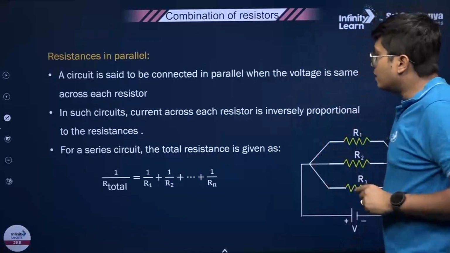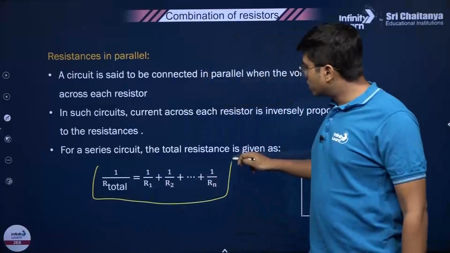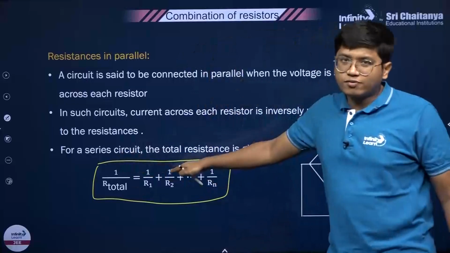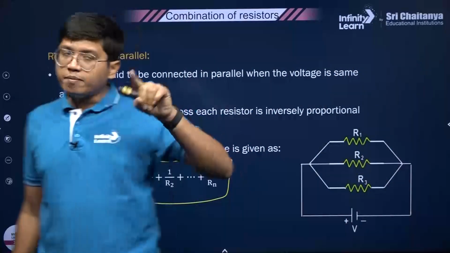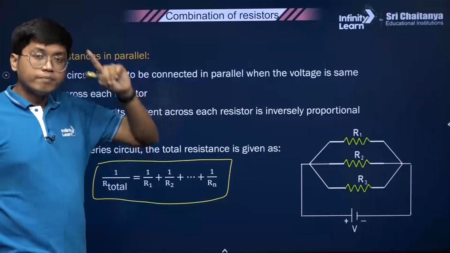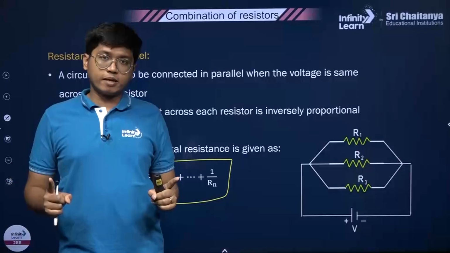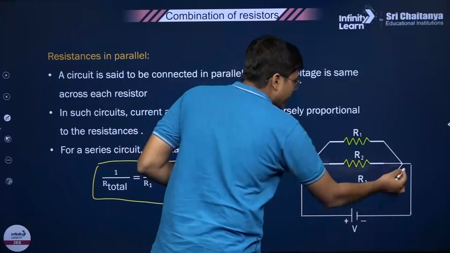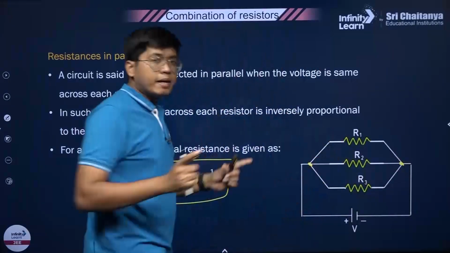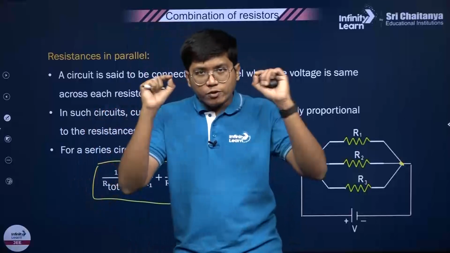Let's move on to the parallel case. In the parallel case, again, I won't dwell too much on this formula because again the inverse relation is known to you. But what I will again tell you to remember is that in the parallel combination, the potential difference remains the same. Why? Because each of these three resistors are effectively connected across the same points. Now potential difference is the difference in potential between 2 points.